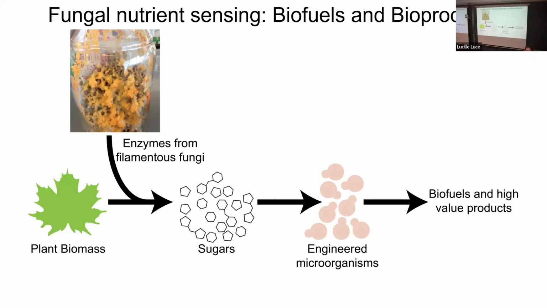And if we want to do this in a sustainable way, the generally accepted idea is that we would take plant biomass and then break it down into its component sugars using enzymes produced by filamentous fungi. And then these component sugars can then be fed to engineered microorganisms that have been engineered using metabolic engineering to produce biofuels and other high-value products.